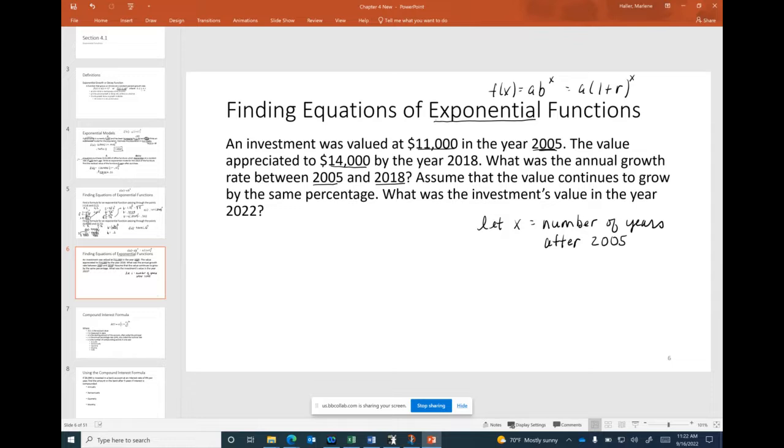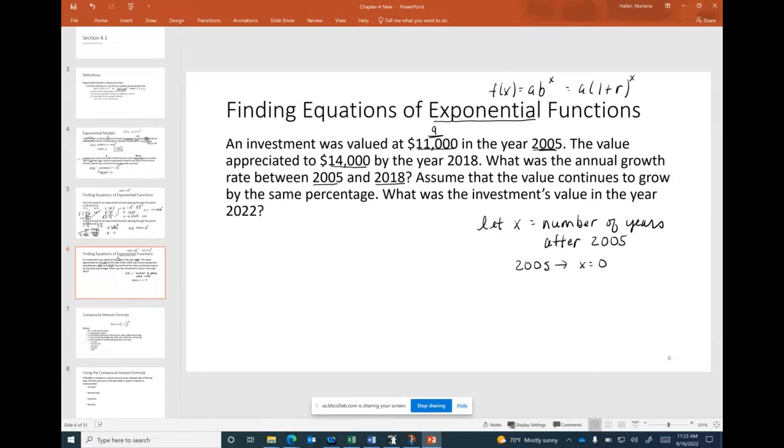So that means that in the year 2005, x is going to be 0. That's time 0, right? That makes the amount in year 2005, the $11,000, that makes that my initial value. So $11,000 is going to be my A.